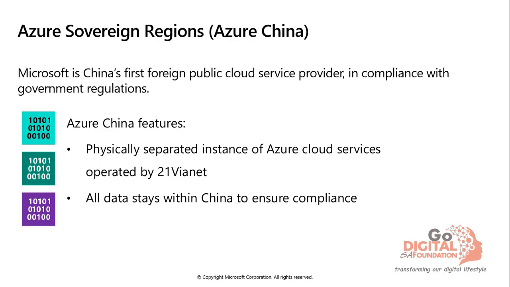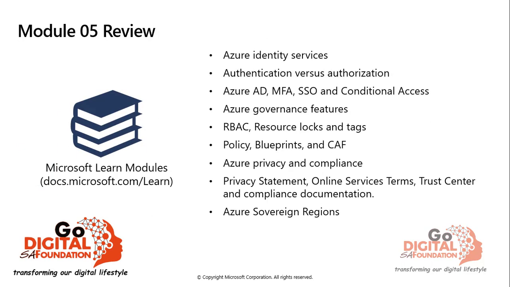So whenever they're creating their resources on Azure, it stays only in China. They're not allowed to create resources outside of China. So that is our module 5, and we are done with our module 5.